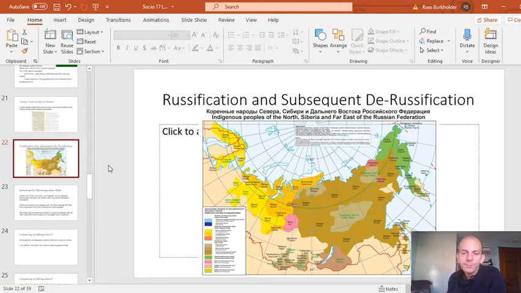Why? Well, what they were worried about is that what would happen instead if they didn't promote these regional languages is that blocks would form where indigenous languages became the de facto national language of an area. Say this area in green here, which speaks Chukchi and Chukchi languages.